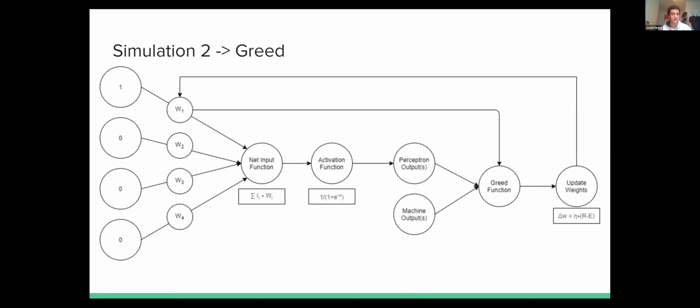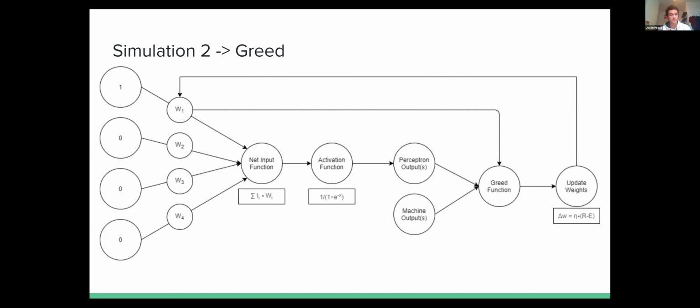Simulation 2, on the other hand, is very similar to simulation 1, using the same input weights and activation function constructions. However, in order to incorporate the greed function, and thus the exploration associated with the multi-arm bandit problem, an additional step was introduced between the perceptron output and updating the weights.